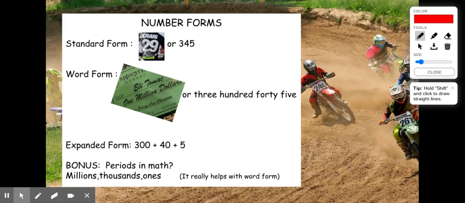I also wanted to give you guys a little bit of a bonus here. It's periods in math. I don't know if you ever heard of periods in math, but basically it's separating the place values using periods. And it helps you when you do word form.